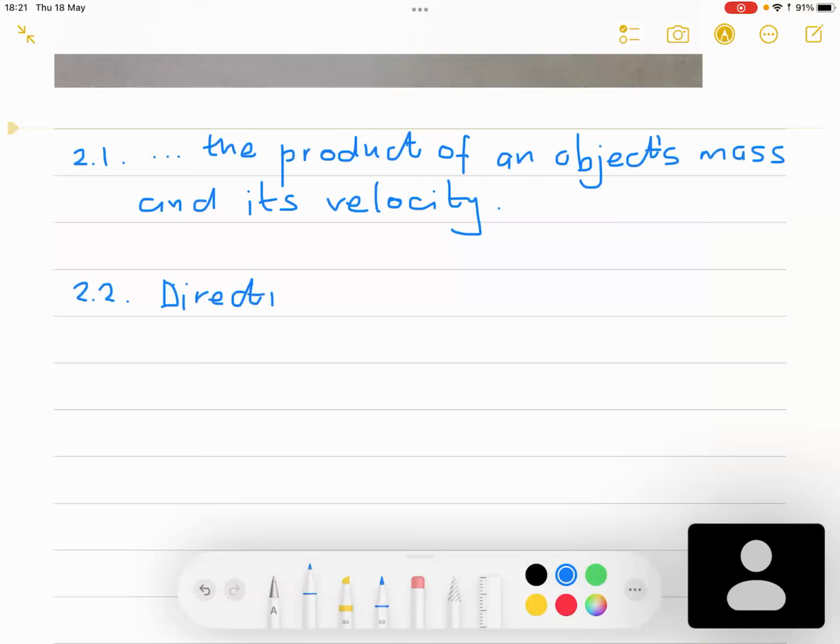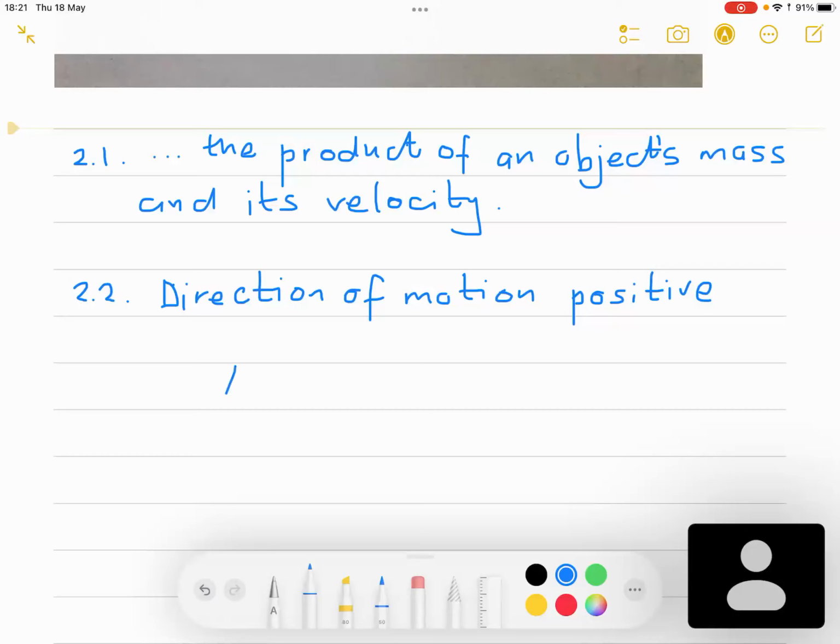the direction of motion is positive. Okay, so the direction in which he's going is my positive direction. And now I want to find the change in momentum.